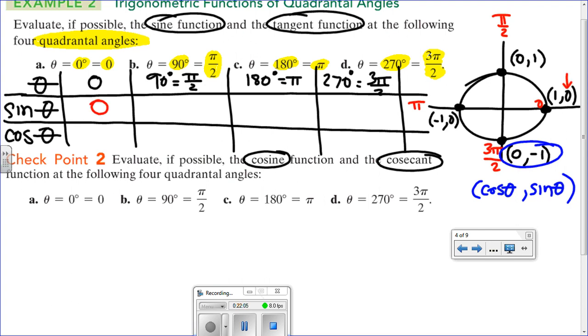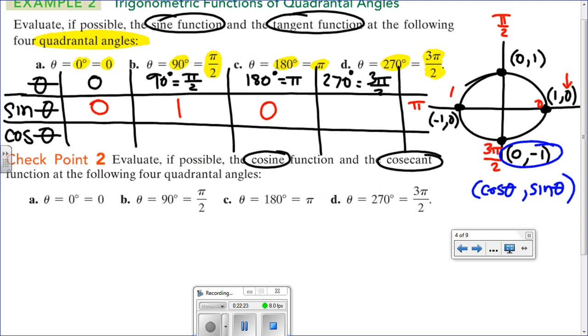What is the sine of pi over 2? Very good. What is the sine of 180? 0.